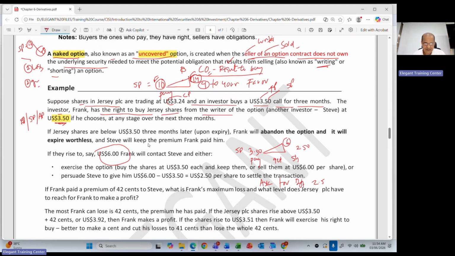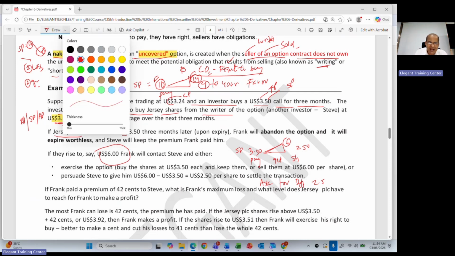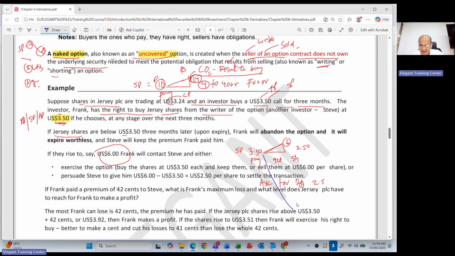So now, if Jersey shares are below, now this was the gain. Now suppose price is below, let's say price went to 3 dirhams. So if price has gone to 3 dirhams, will you pay 3.5 when the price is 3? No, it is not in your favor. So what you can do? You can abandon.